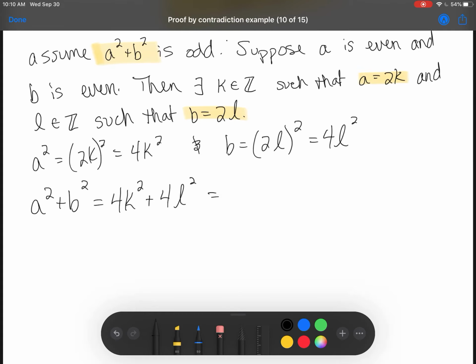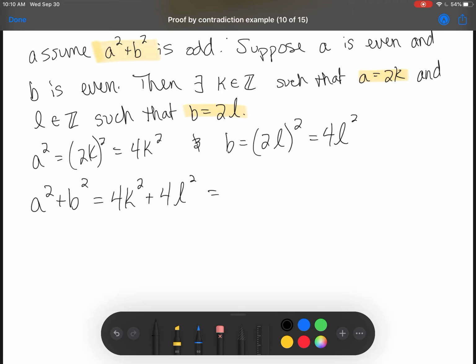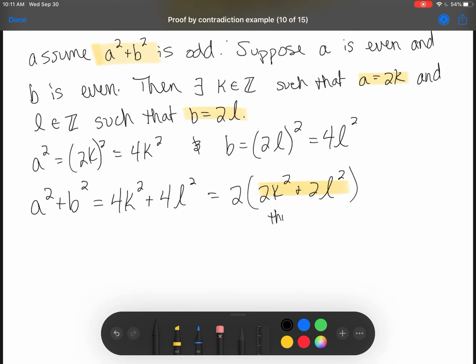But what can we do to that? Well, the greatest common factor there is 4, but I'm really just going to factor out a 2, because if we factor out a 2, notice that all of this stuff in here is an integer, because k and l are both integers. If we square them, multiply them by 2, and add them together, we still have an integer.